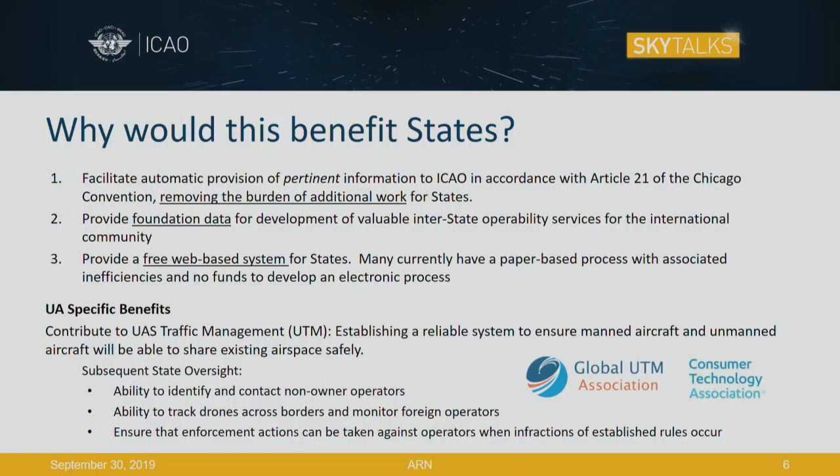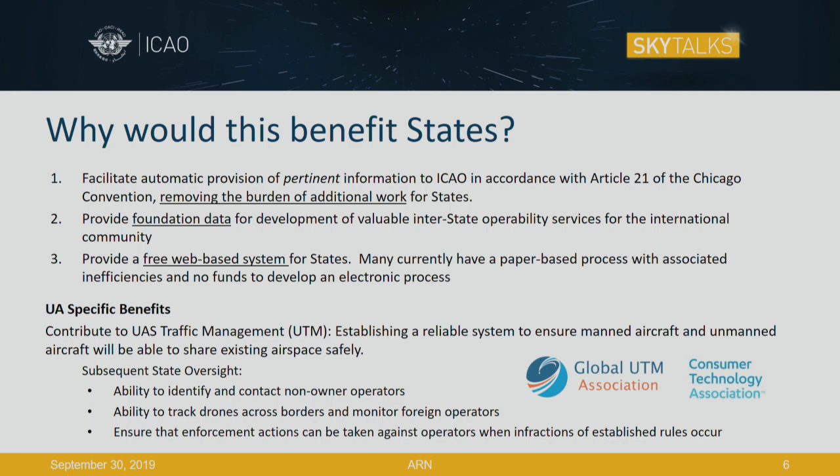With regards to UA in particular, well, we believe it will contribute to the overall UTM work, UAS traffic management, and how we integrate small UA into the existing airspace. Specifically with regards to state oversight, you can see there that we envision providing the ability to states to identify and contact non-owner operators, to track drones across borders if an operator goes on holiday, for example, with their personal drone, and then to ensure enforcement actions can be taken against operators as and when it's needed if established rules are infringed.